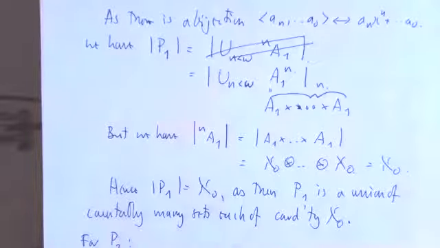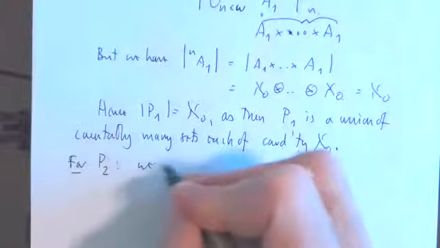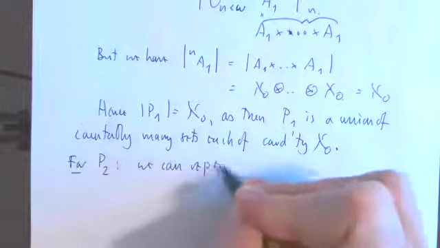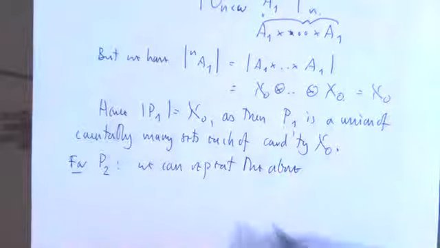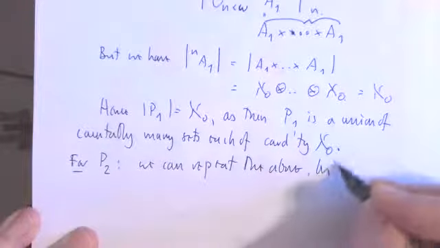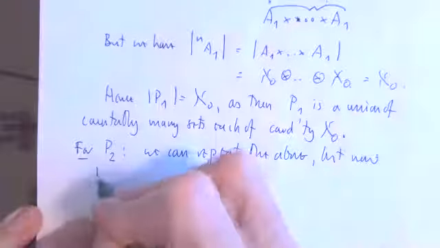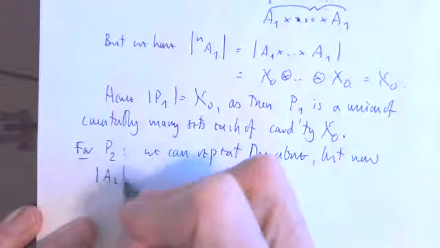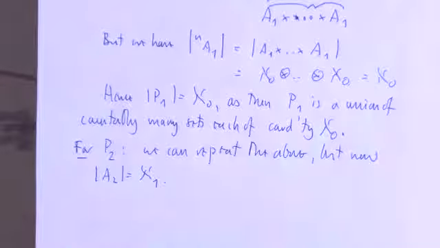For P2, we can repeat the above, but now A2 has cardinality Aleph 1.